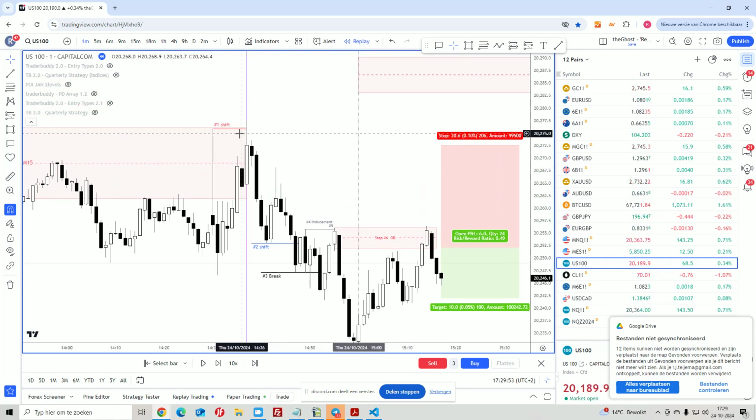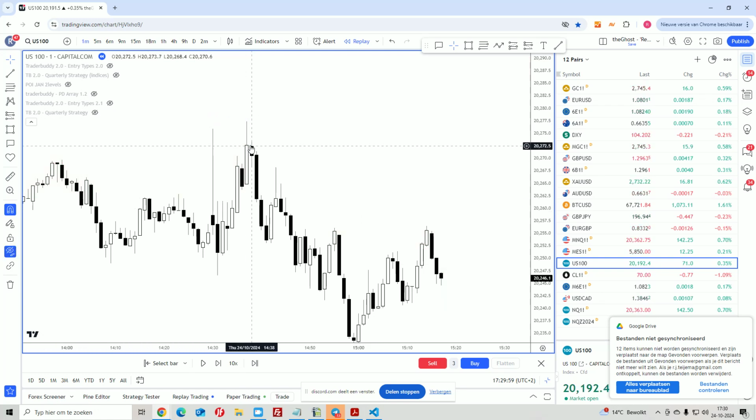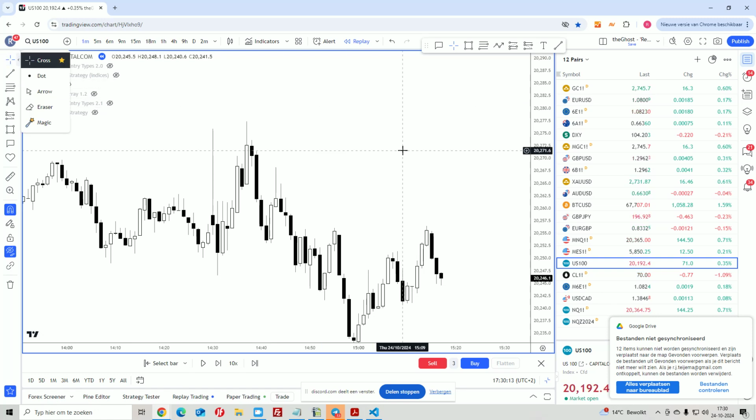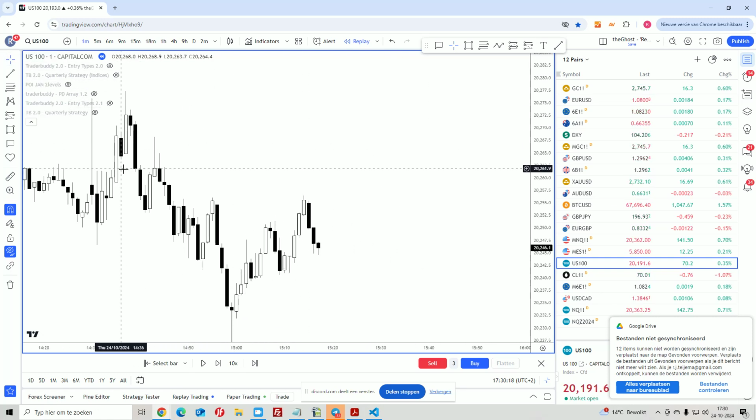In this case, there is not a rejection block, because then we have to hide this one, because this one is already traded this wick. If it's the other way around, if this wick from this candle low was higher than this, then this would have been a rejection block, and then it would be wise to not go in full risk.